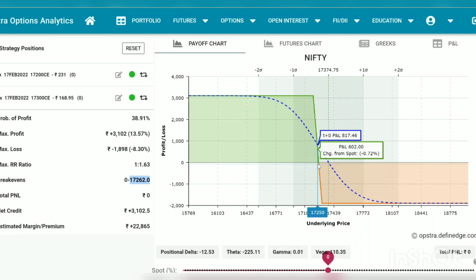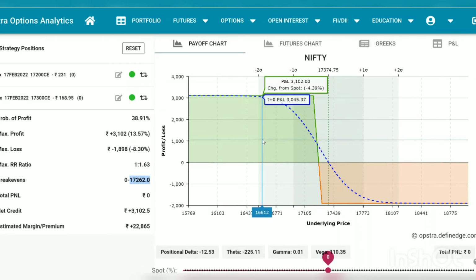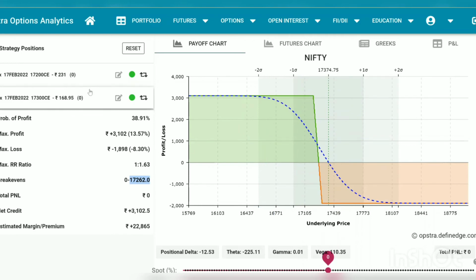Okay, so this is according to the expiry day. If on the expiry day the market closes at 17,250, then I will get 600 as a profit. And let's say tomorrow itself the market falls to 17,200, then also I will be in profit, but that will be around 3,000, because this 17,200 call option price will not become zero tomorrow itself, right?